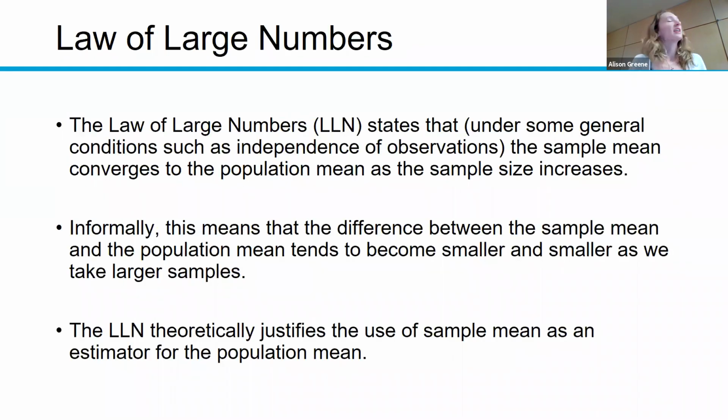So the first important thing that you need to understand is the law of large numbers. Simply, this just states that the more observations, the larger your sample is, the closer your estimates are going to be to the true parameter. So say you have a large population and you want to estimate what the true population mean is.